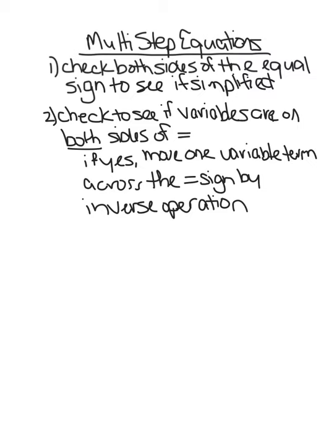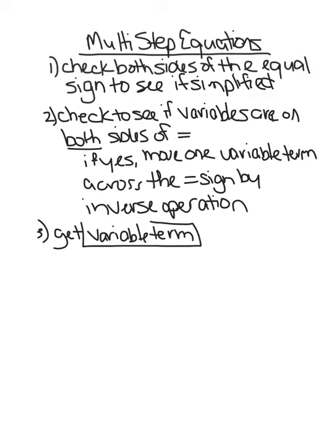So step one is to check to make sure we're simplified. Step two is to make sure the variable terms are together on one side of the equal to sign. And then step three, once we have the variable term together, is to get the variable term alone, right? It probably has a coefficient of some sort, but our next step is to get the variable term alone.